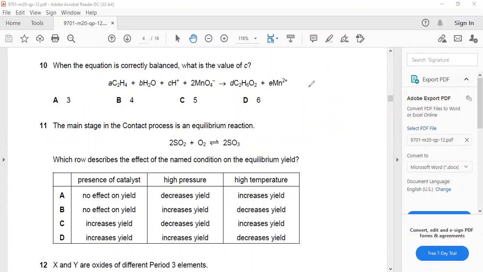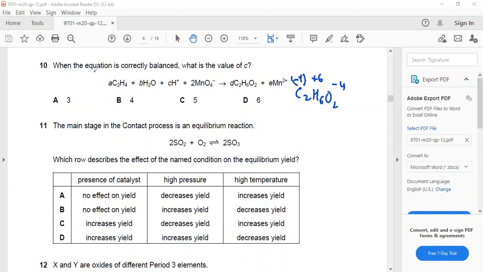Okay, in C2H6O2, one oxygen is minus 2, two oxygen minus 4, plus 6, 6 minus 4 plus 2, so this will be minus 2 on 2 carbons, on 1 carbon it is minus 1.